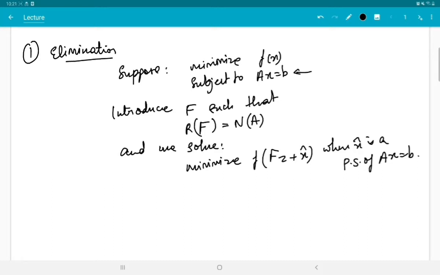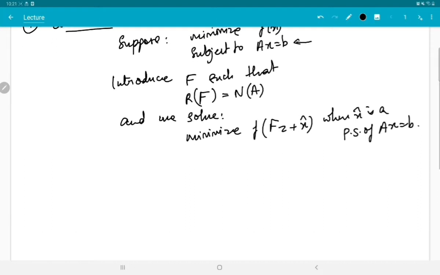It makes sense because Fz + x hat, due to the construction of F in this way, will be in the feasible set of our problem 1. So we can have x as Fz + x hat.